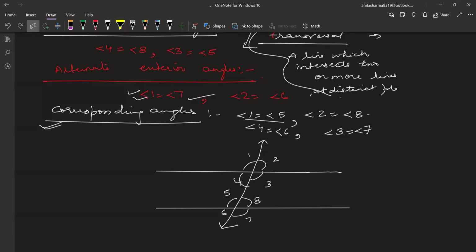Can angle 4 and 2 be equal? Yes, these are the vertically opposite angles. Ma'am, we can also say that angle 5 plus angle 4 equals 180 degrees. Yes, this thing we are going to do, beta. Just have patience.